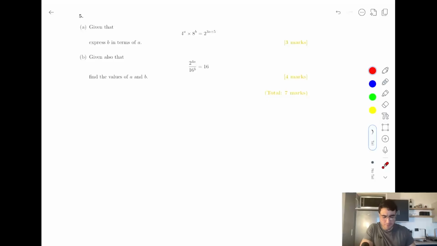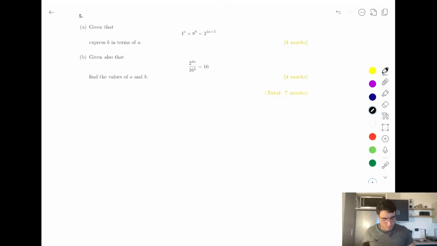Alright guys, so for number 5 here, we are told that given that 4 to the a times 8 to the b is equal to 2 to the 3a plus 5, express b in terms of a. Okay, so this is actually more of an indices type question in many ways. As you can see, we don't necessarily have to use logarithms here, but let's see what we can do.